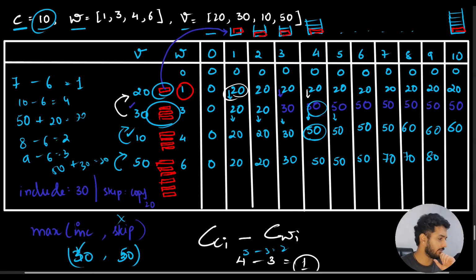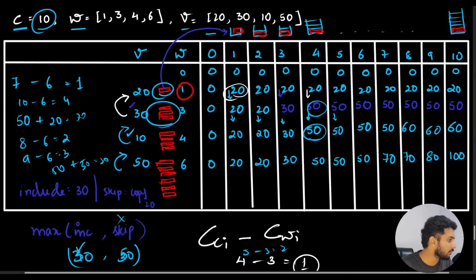We'll be getting 50, and if we include 50 plus the previous cell value 50, that's 100, and 100 is maximum than 60, so we are simply including it.